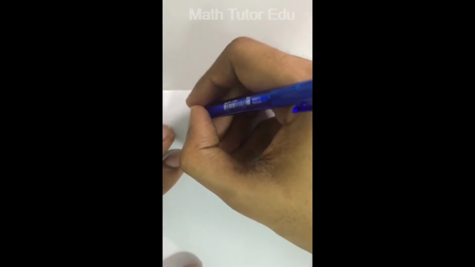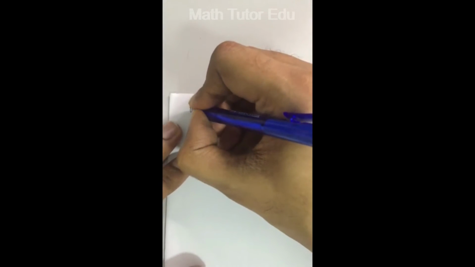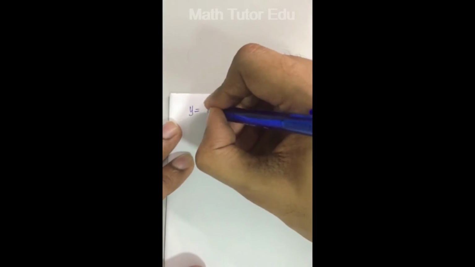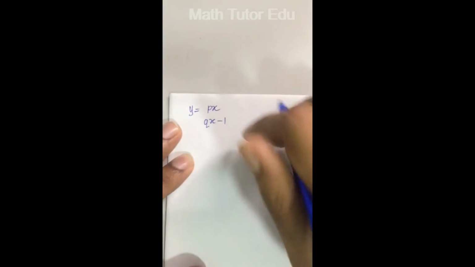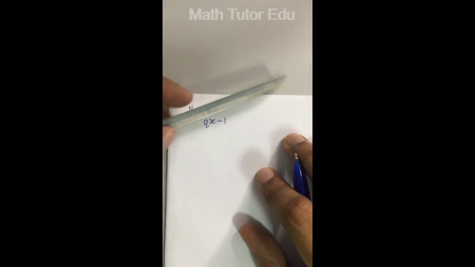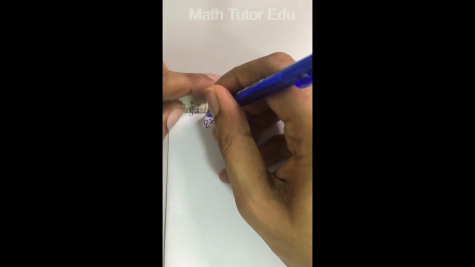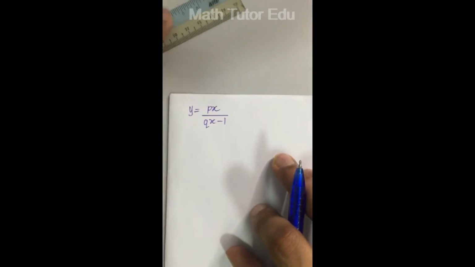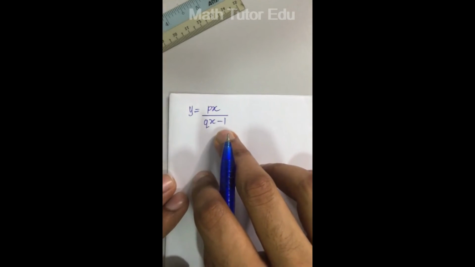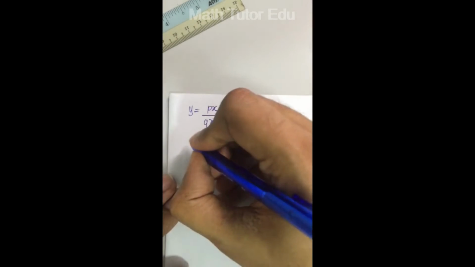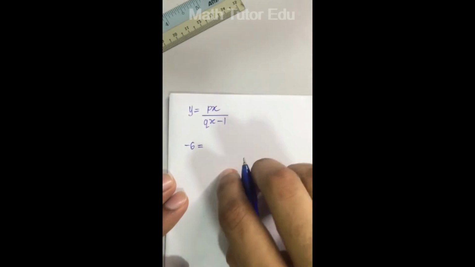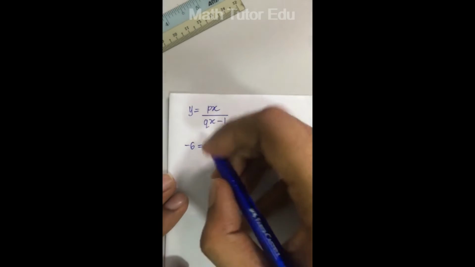y equals px divided by qx minus 1. Let us substitute all the relevant values into this equation. y in this case will be negative 6. p in this case is negative 8.